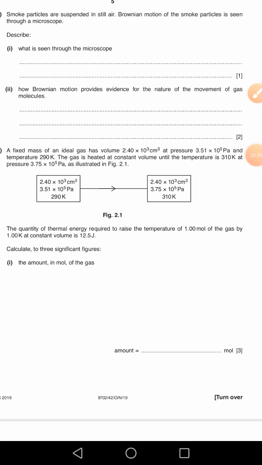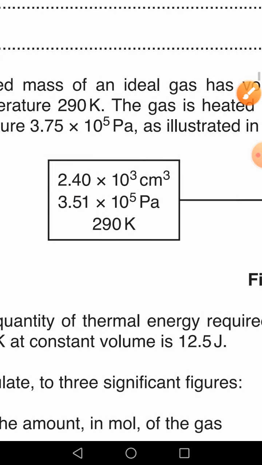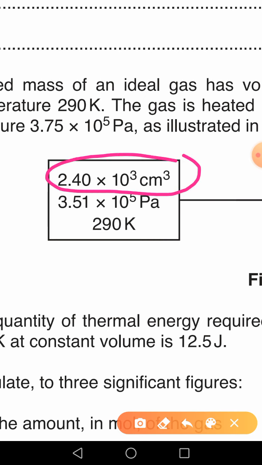Okay, so the pressure must be in the Pascal unit, which is already here, isn't it? The temperature must be in Kelvin unit, which is already here. Okay, and the volume must be in meter cube unit, but here it's in cm cube.